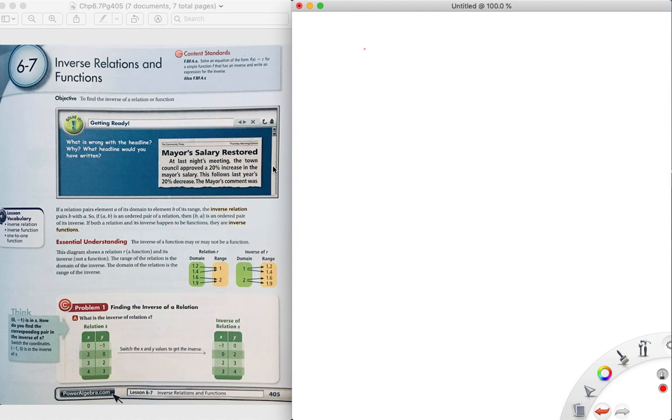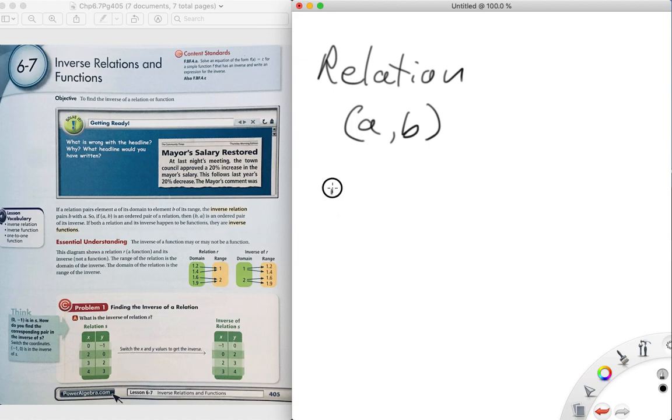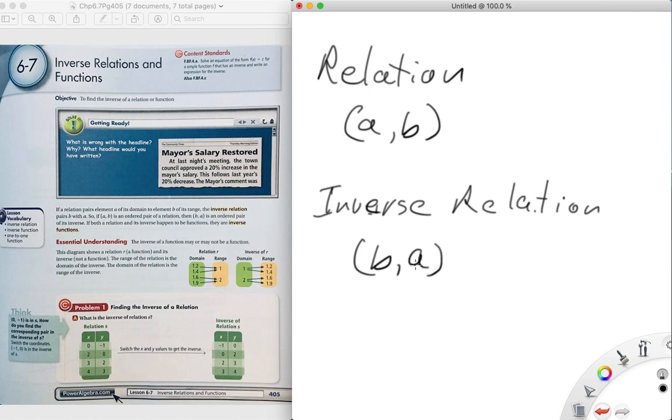For something to be an inverse relation, if we have some relation where some a corresponds to some b, the inverse would just essentially switch the A and the B. That's an inverse relation.